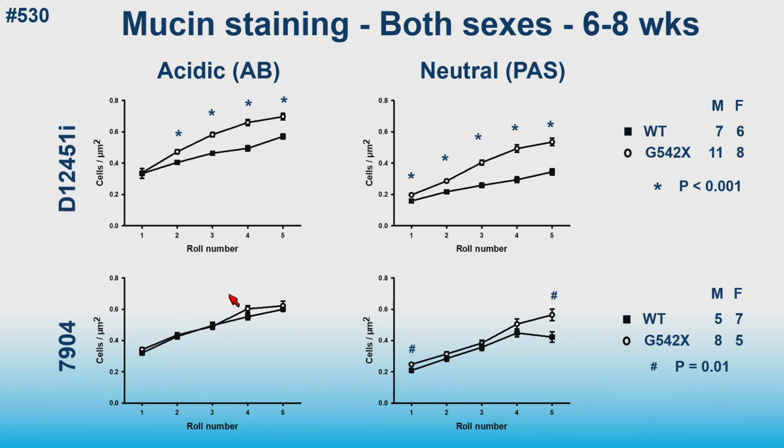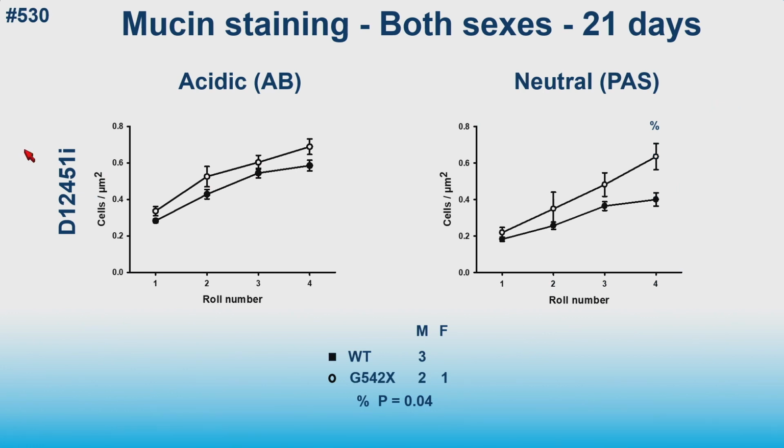But in the diet with cholide, there is no difference in the amount of mucin, either neutral or acidic, between wild type and CF. But there are significantly more mucin-containing cells, both acidic and neutral, in the CF versus the wild type. And the acidic mucin is the preferred one, the one more frequently present.